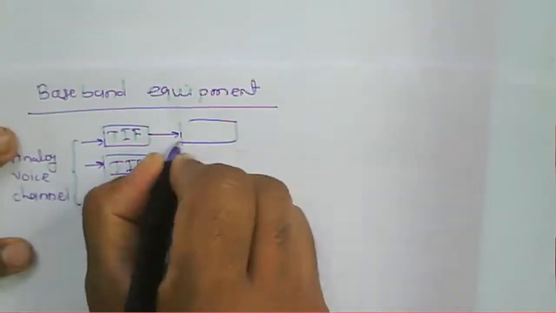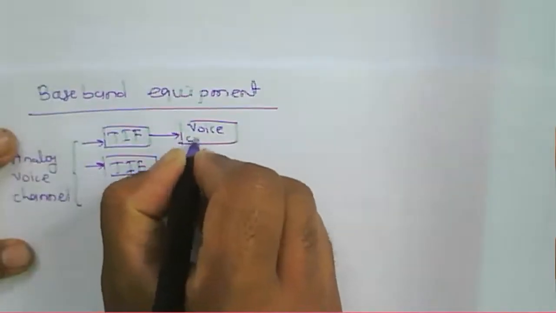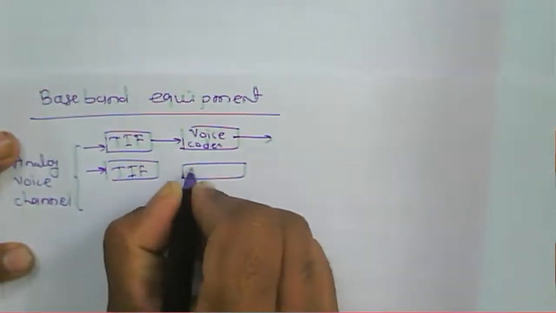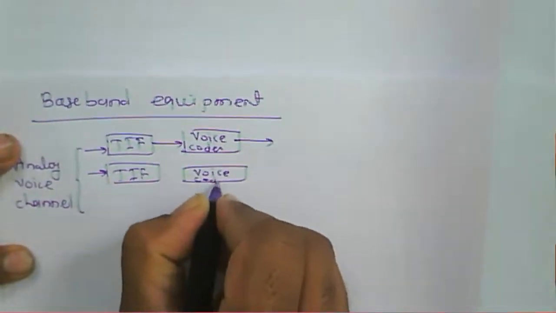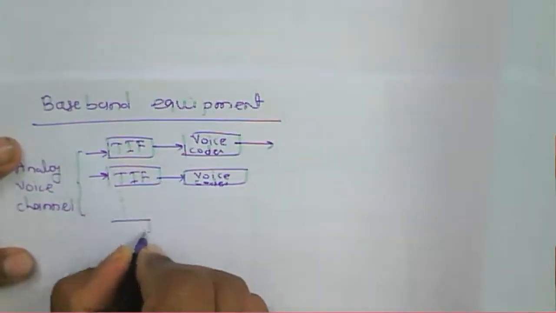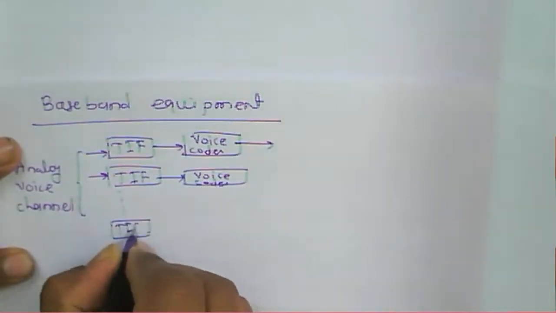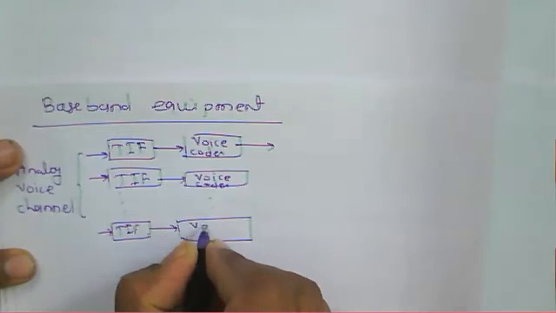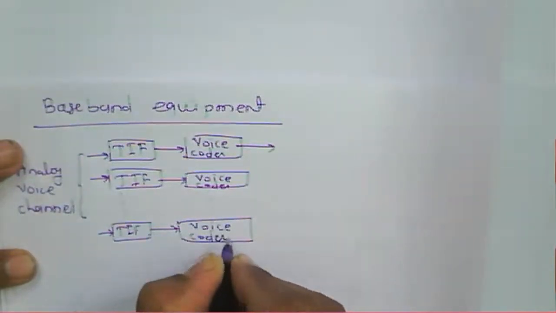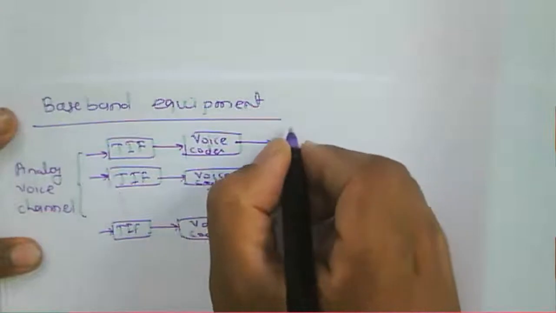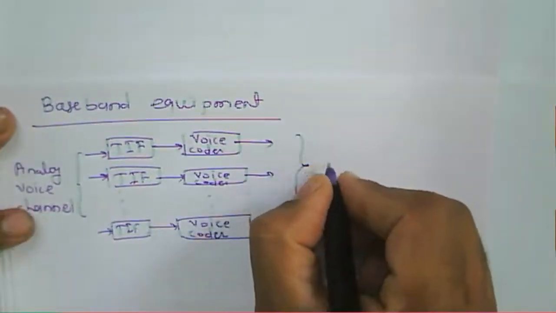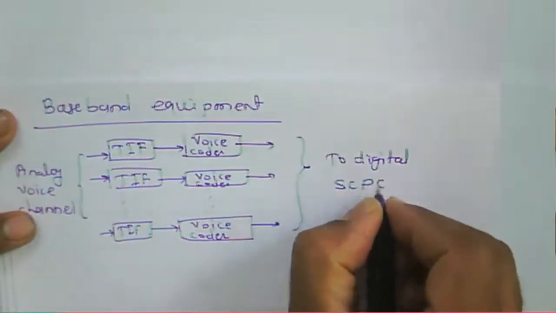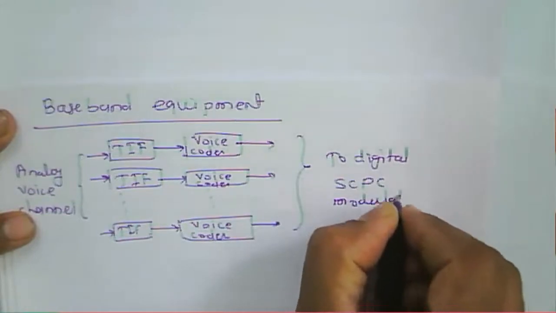Then we have a voice coder here, and then the various TIF, voice coder, and that will be input to the digital SCPC modulator.